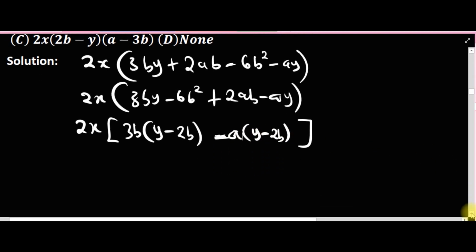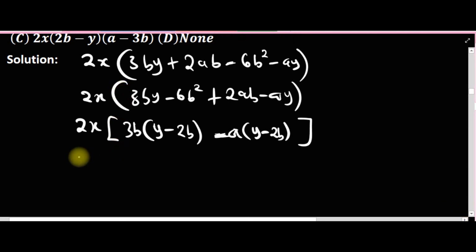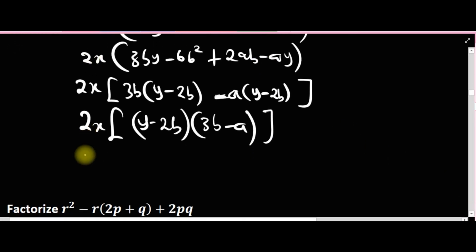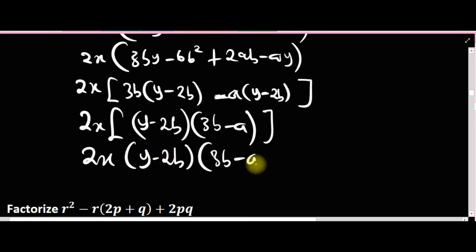Once you have this, write this, counter it. What is common now is y minus 2b, and 3b minus a. So that's the answer. This is just 2x times y minus 2b times 3b minus a.